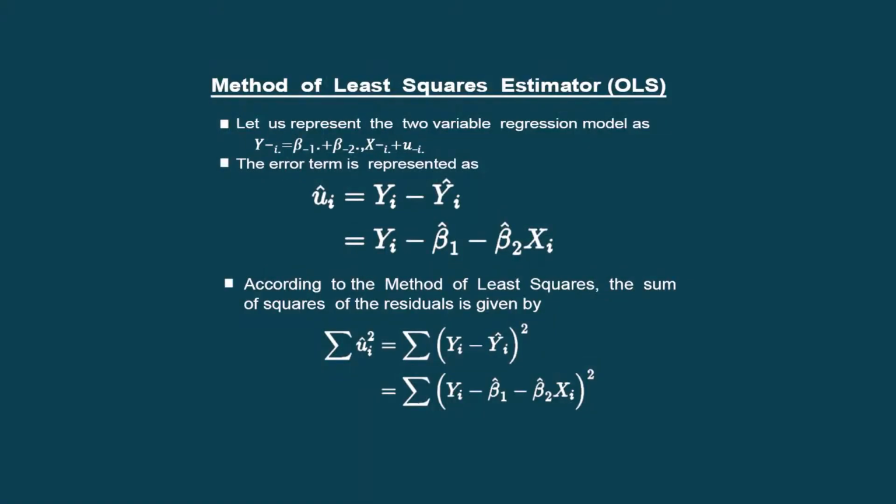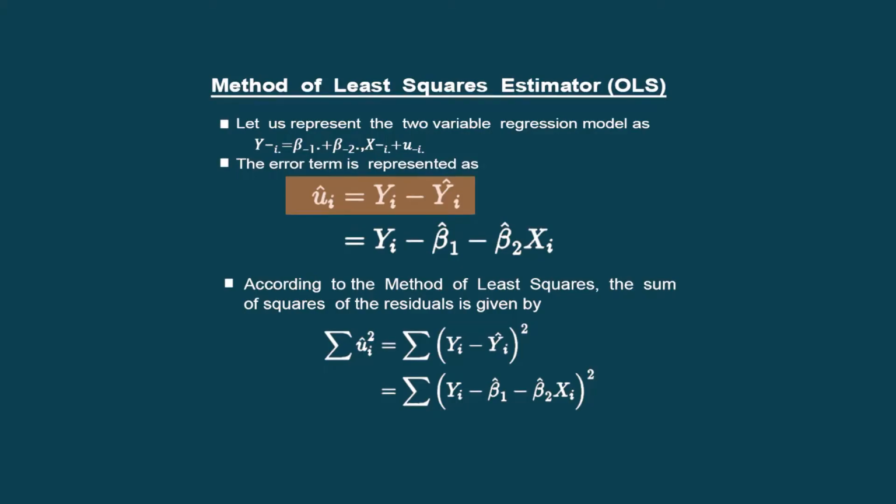As we get into the first important issue, the method of least squares, we have discussed a two-variable regression model. A two-variable regression model comprises a dependent variable y and two terms, beta 0 and beta 1, and we estimate it using the method of least squares, that is, by minimizing the sum of squared errors.